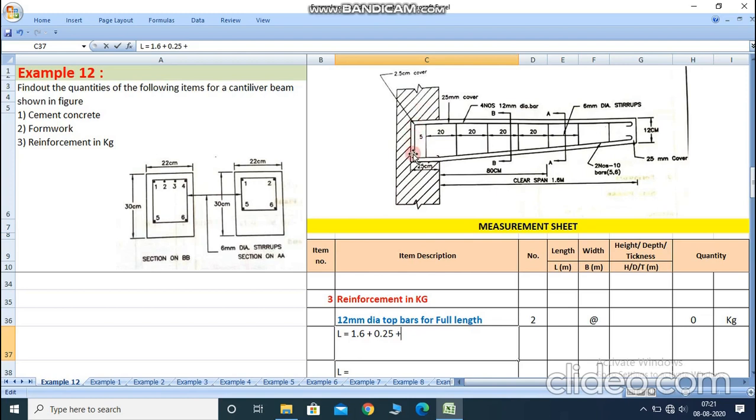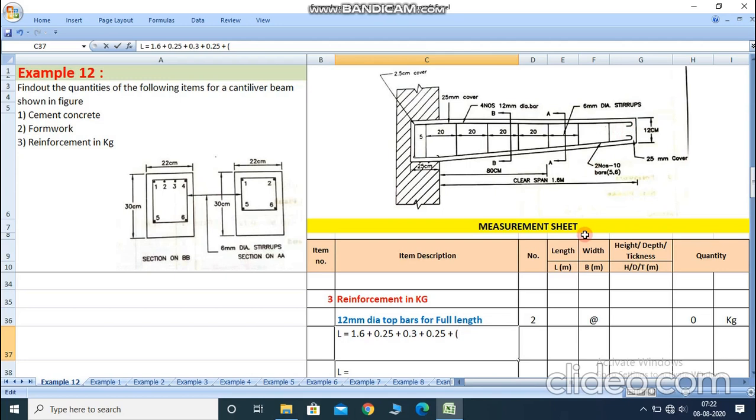So plus 0.3 plus 25 centimeter, this portion is fixed in the wall. So we write here 0.25, plus here hook is provided at both the sides, starting point and end point.